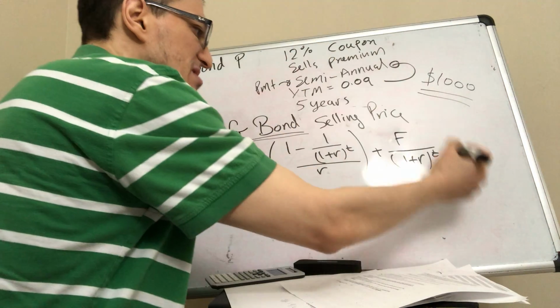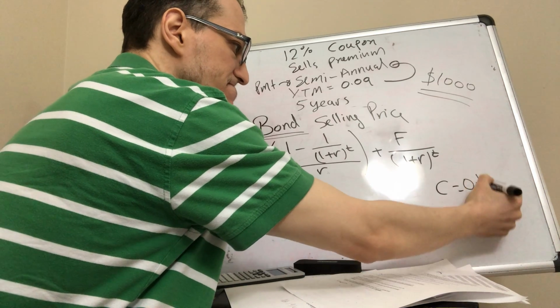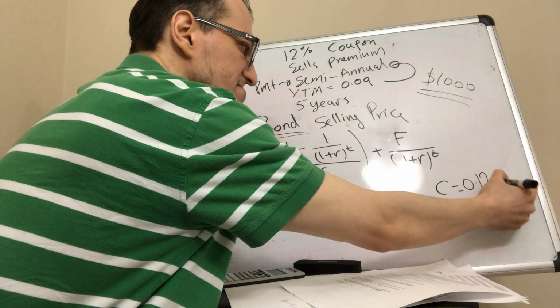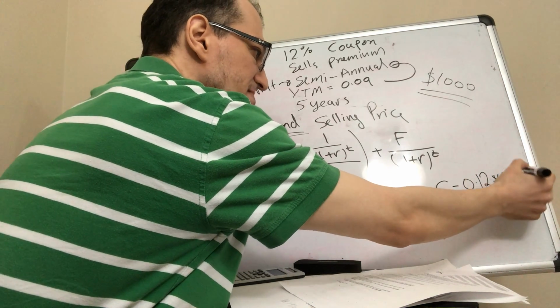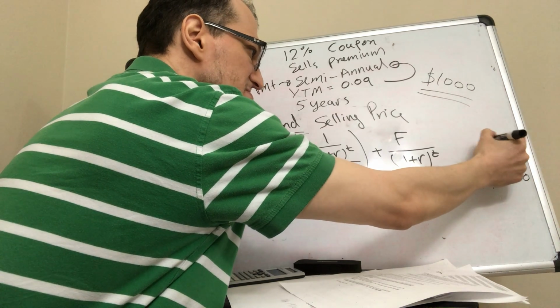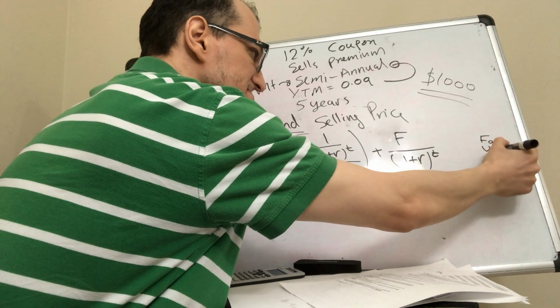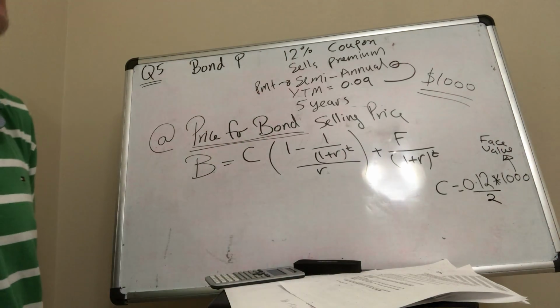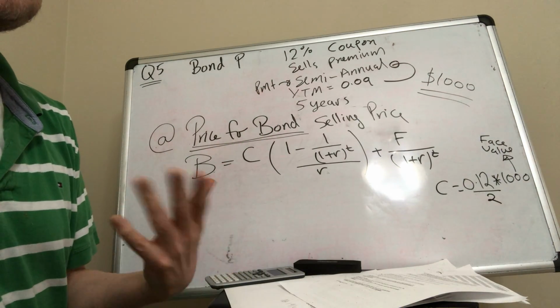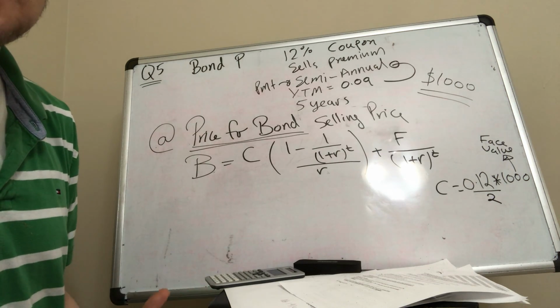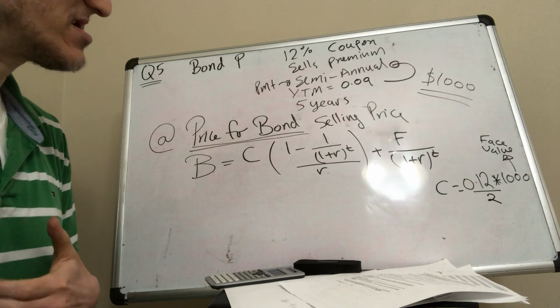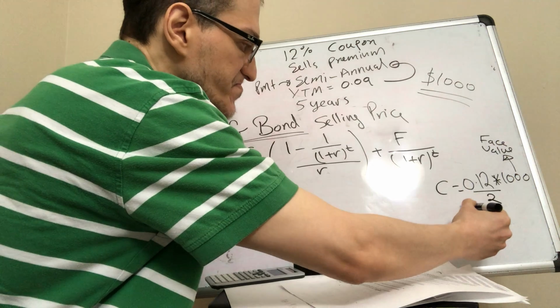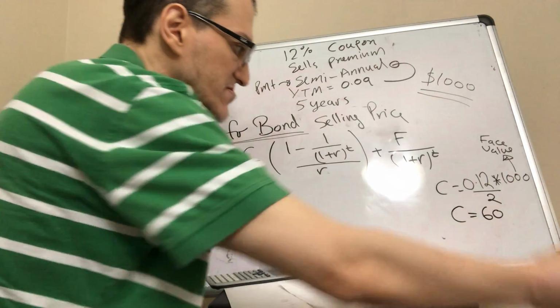So you take the 12% times the 1,000, which is face value, and you divide it by 2 because, as we said, the coupon payment is semi-annual. That will give you $60.